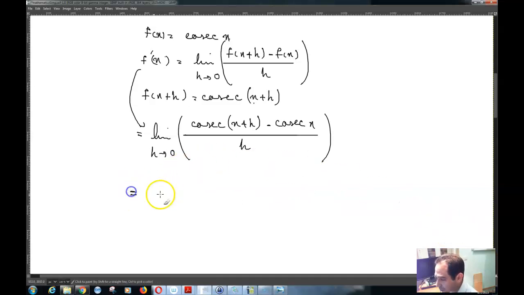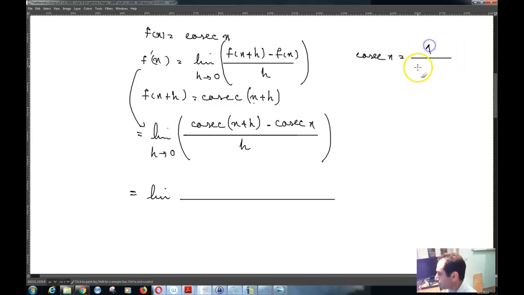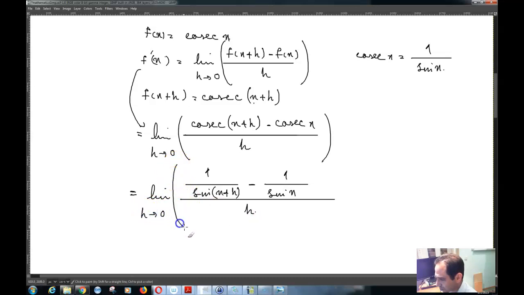And you make those changes by using the fact that cosecant x is equal to 1 over sine x. So I can write this as the limit of 1 over sine of x plus h minus 1 over sine x, over h, as h tends to 0.